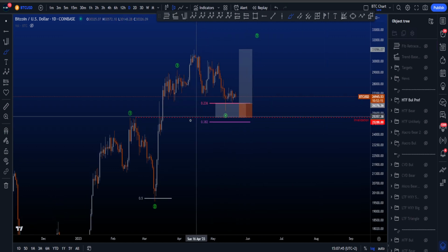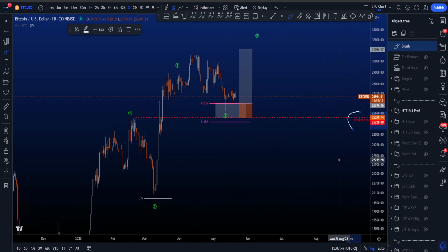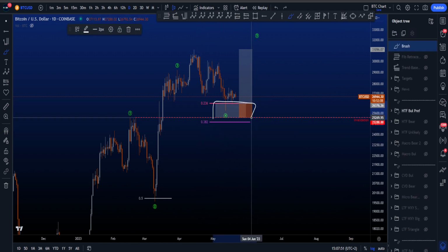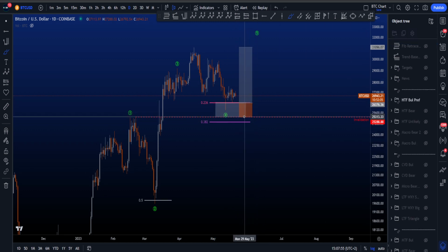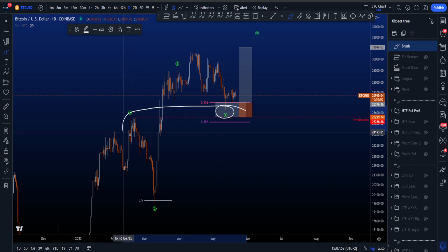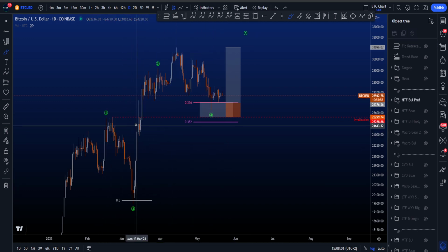However, the invalidation for an impulsive structure is at the 25k level, so that is why the 0.382 actually doesn't matter. You can see the white box, it goes till the invalidation. That is when this scenario is still valid, because in an impulsive structure, wave 4 is not allowed to cross the price action of the high of wave 1. So that is important.